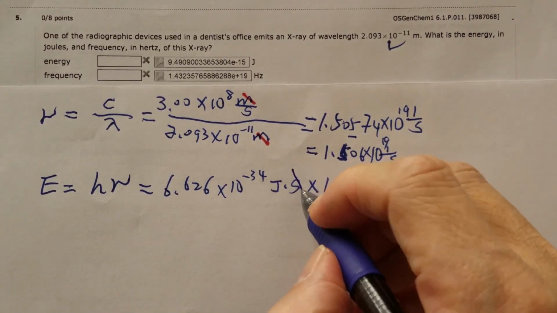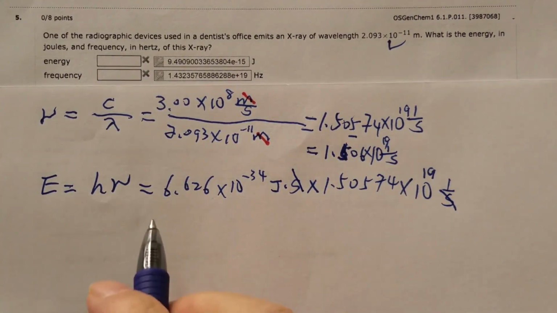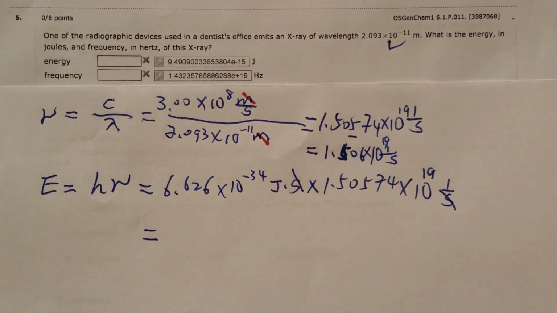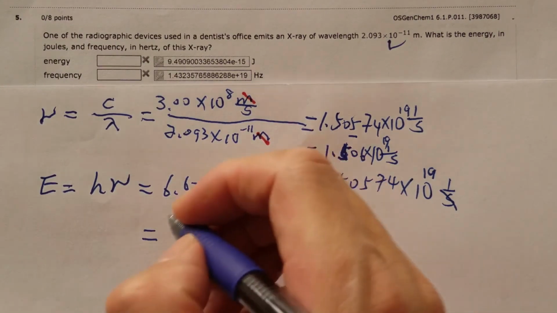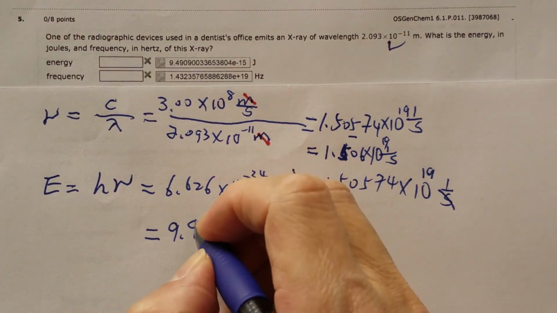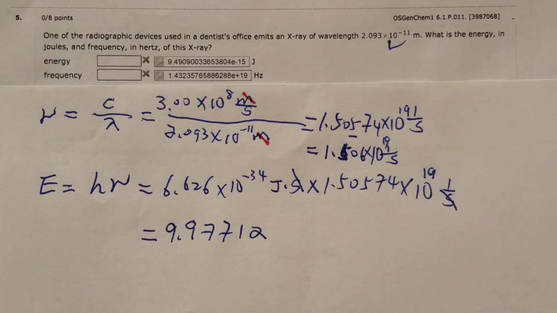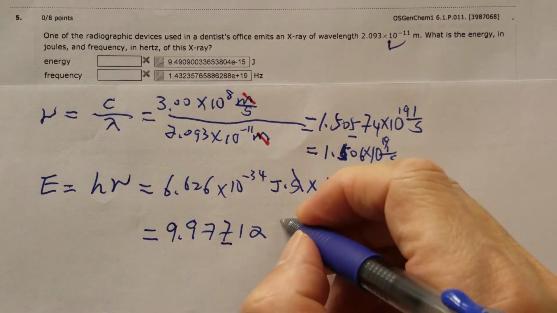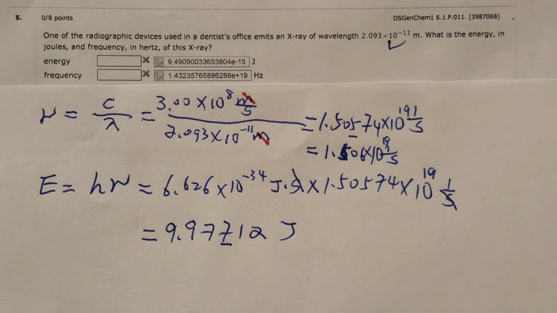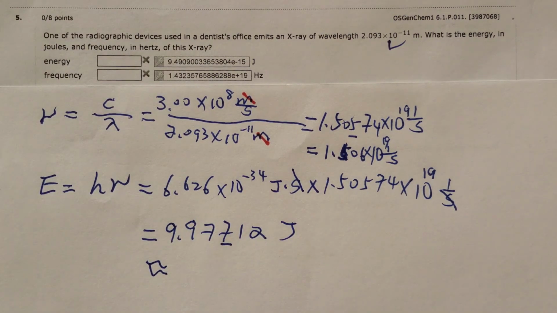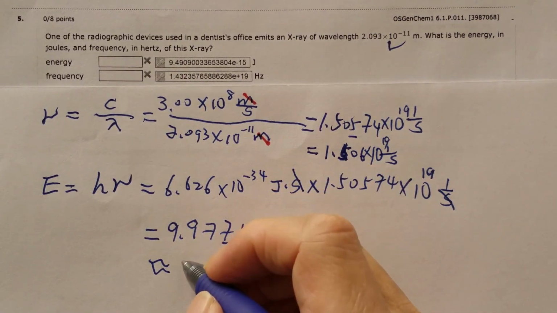As you can see now, s and s are cancelled. So the final answer should carry the unit of joule. Again, 466. And we can approximate that after dropping the last 2 digits.